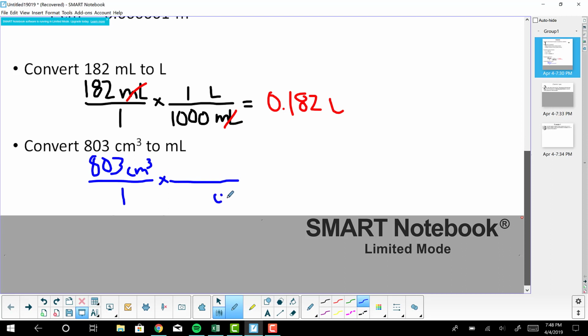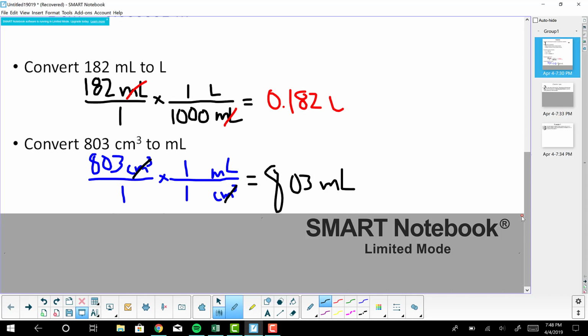Centimeters cubed goes on the bottom because I'm trying to cancel out of that unit. Milliliters goes on top, and then I fill in the numbers. And in this case, it's actually 1 and 1. Remember that 1 centimeter cubed is the same thing as a milliliter. So those will cancel out with each other. Centimeters cancels out, and what I'm left with is the same thing that I started with, 803, but this time I'm in milliliters instead of centimeters cubed.